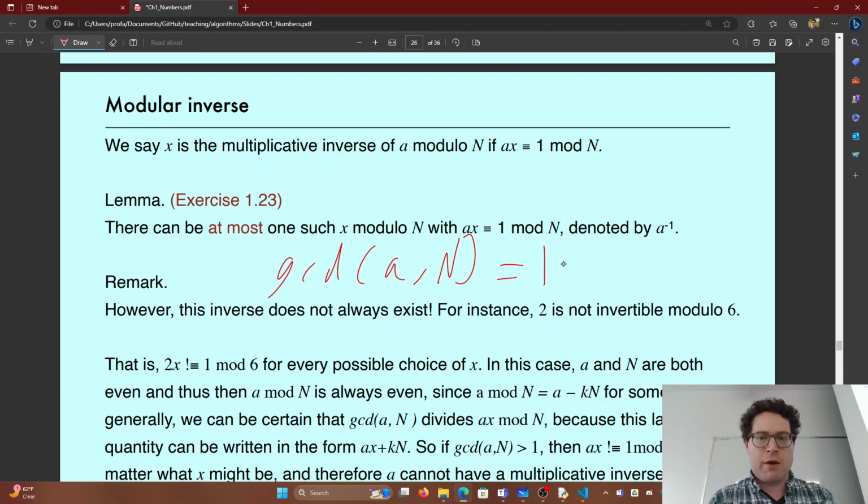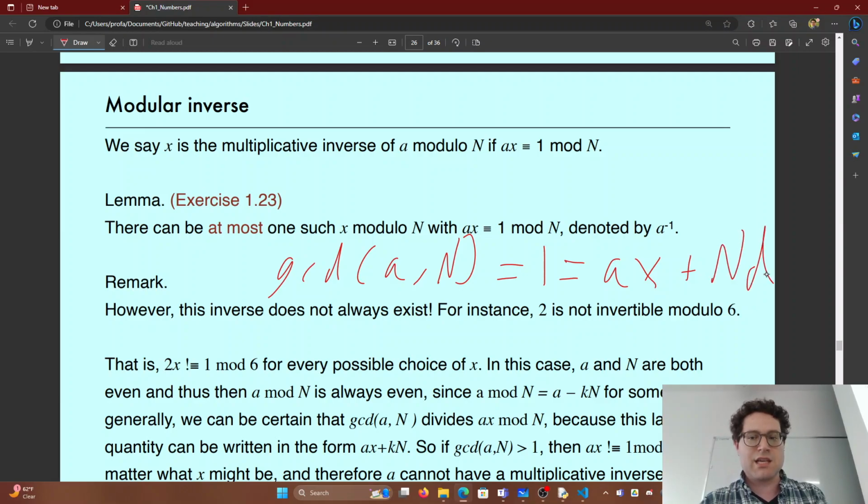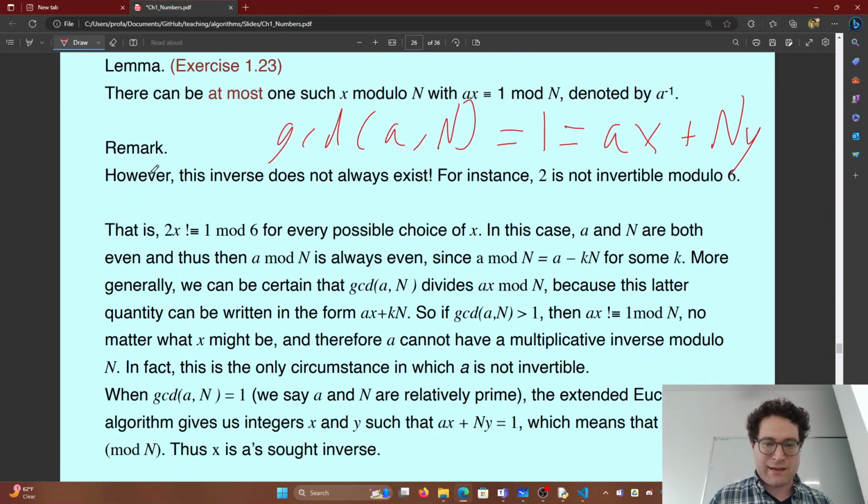Now, how do we find this? Well, it just so happens that we've got an equation here: Ax plus ny equals d. And what we can find is that Ax is going to be 1 mod n.